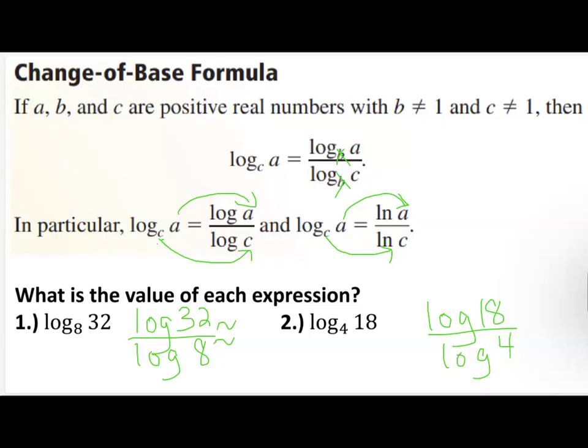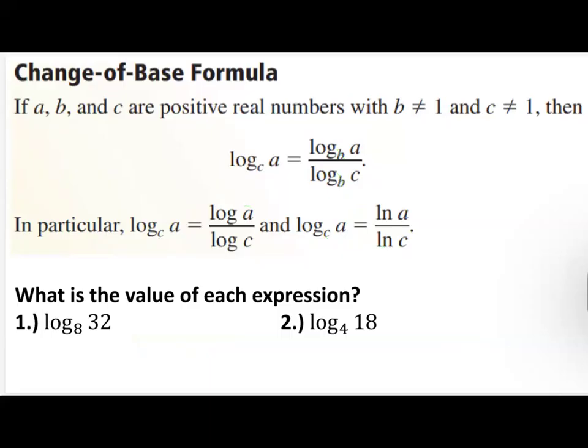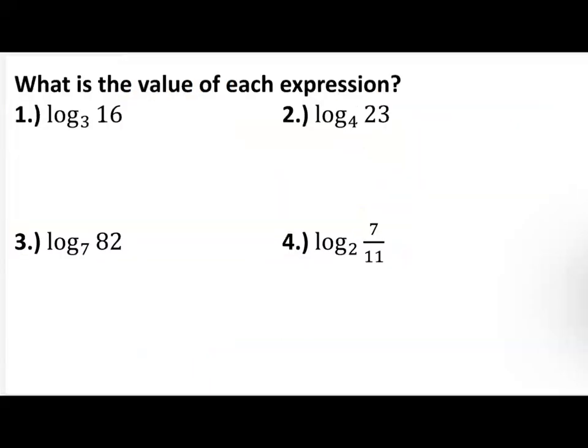Let's go to the next page and do a little bit of practice here. To do these, you pause this and do them, and maybe do one and then unpause to see what I did, and do another one, unpause to see what I did. So this one's log 16 over log 3.